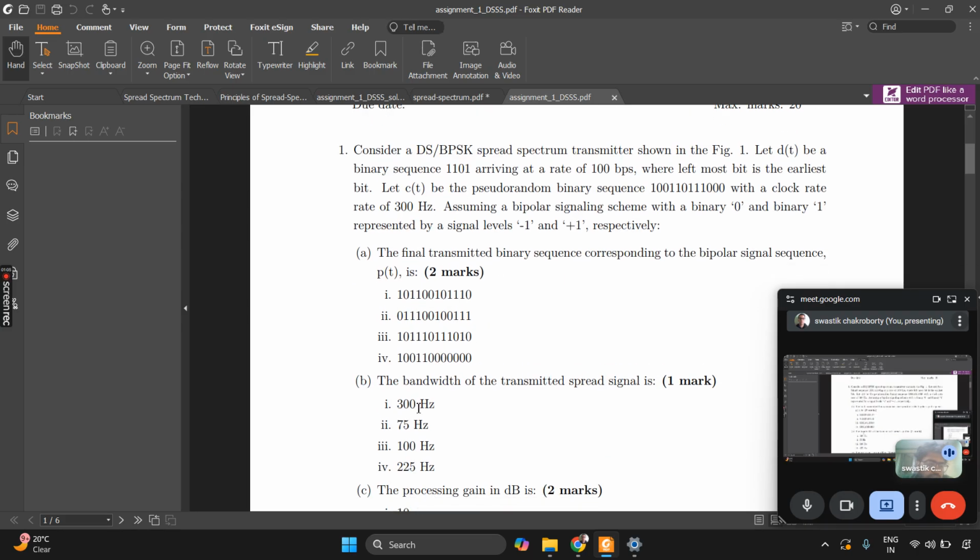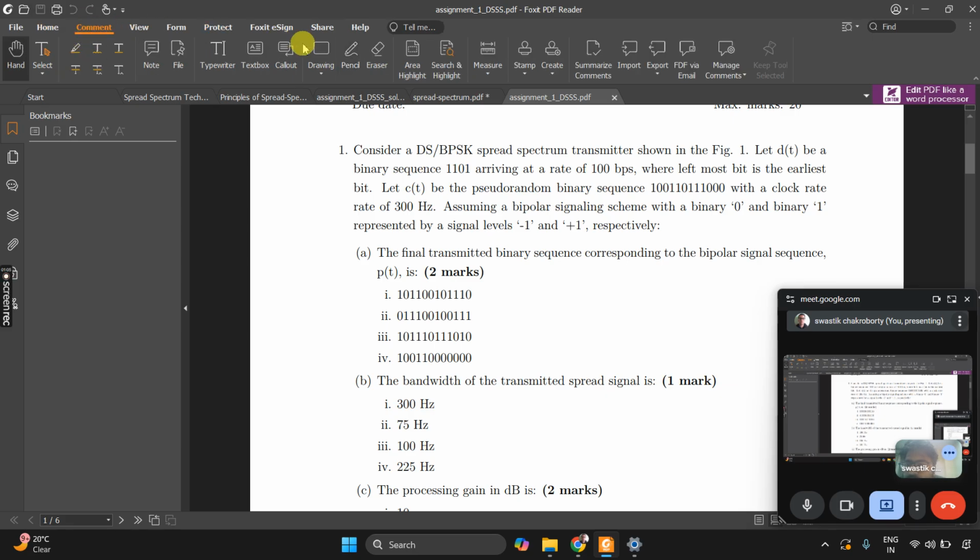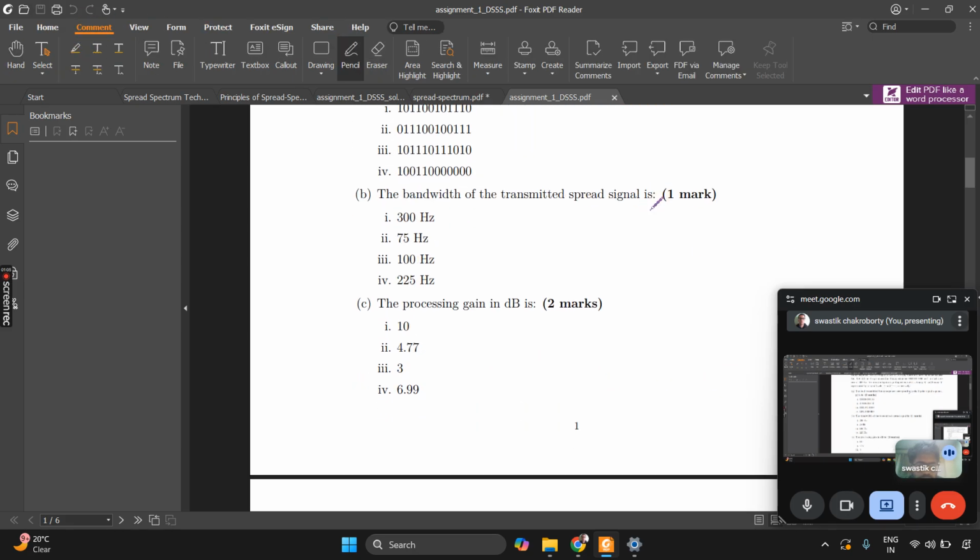Next, the processing gain. So what is the processing gain? That is one definition that we need to know. Processing gain is a very general term, but here processing gain means the chip rate divided by the data rate.